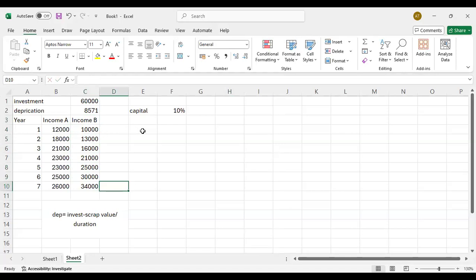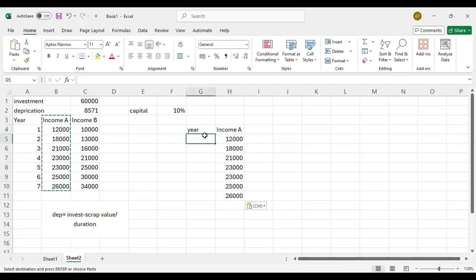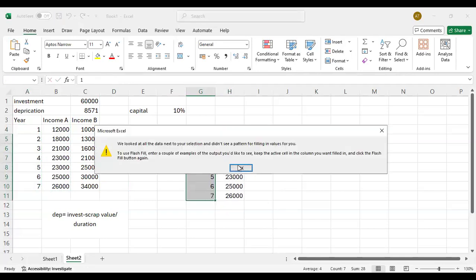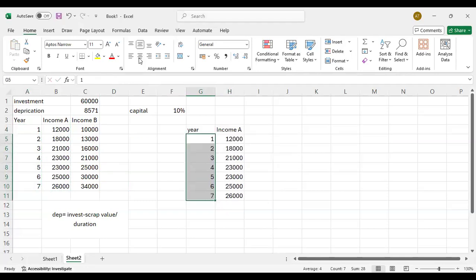So let's work out for income one. When I find any income, depreciation is my expenditure.